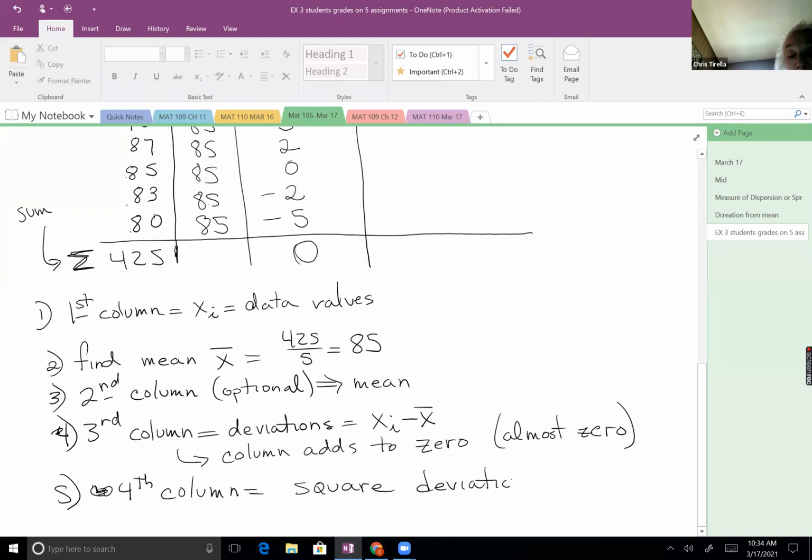You have to be real careful. Remember that a number times itself will always be positive. So everything in that column should always be positive. Be careful, sometimes if you don't use parentheses when you square a negative number, your calculator is going to tell you that it's negative. Please remember that we're squaring these to make sure that the squares are always positive.